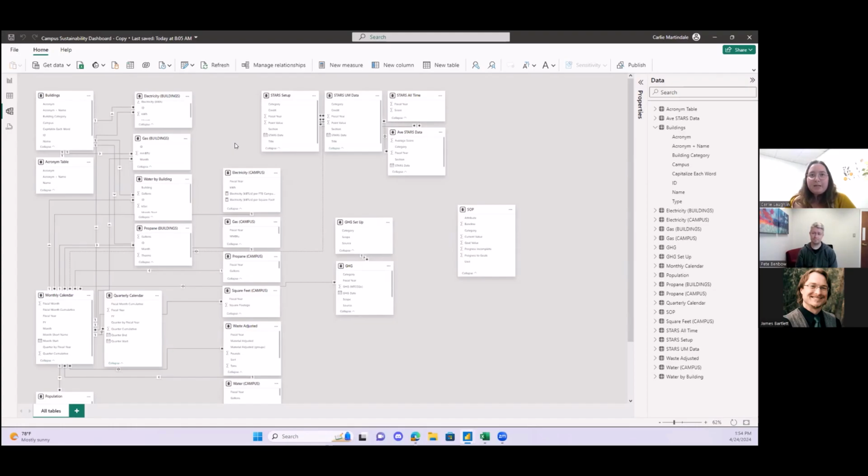So the easiest automation is going to be what I'm currently working on, what I talked about with those monthly data reports. All of the other data, so for STARS, for the greenhouse gas emissions, for campus population, campus square footage, and waste in particular, they come from different emails that I have to send back and forth on a regular basis, just trying to get more information.